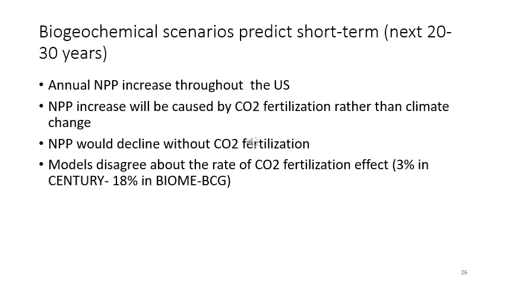The biogeochemistry models give us fairly short-term scenarios. They are looking forward at the period of around 20 to 30 years, and in general, although there is some moderate disagreement among the models, they suggest that we should expect to see the increase of net primary production throughout the United States. This increase of net primary production is primarily going to be caused by the increase of concentrations of CO2.